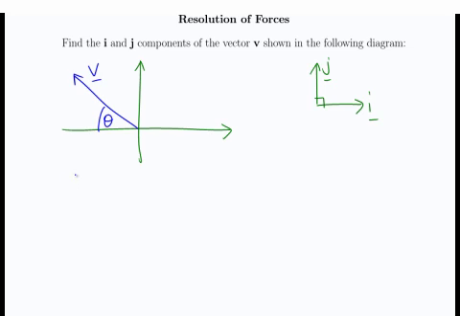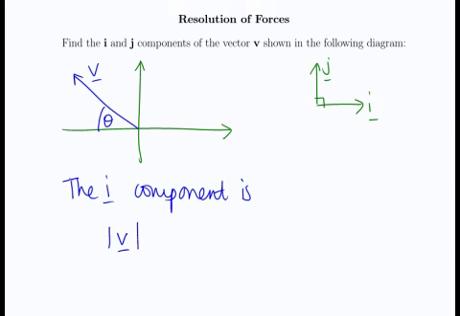So let's first of all look at the i component. The i component, and in fact any component of a vector in a particular direction, is defined to be the magnitude of the vector multiplied by the cosine of the angle that we have to swing the vector through in order to align it onto the axis that we're interested in.